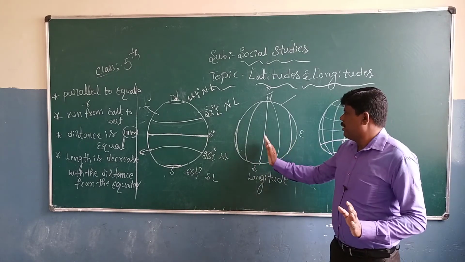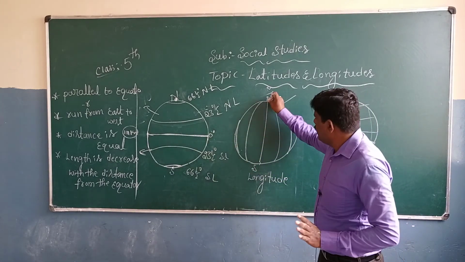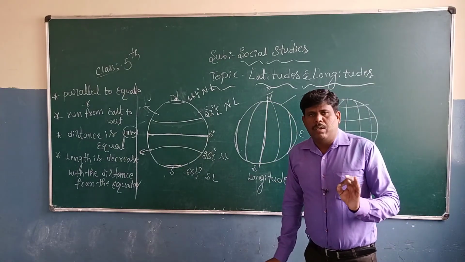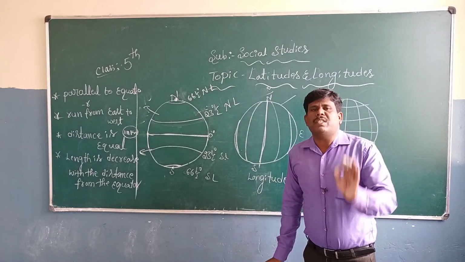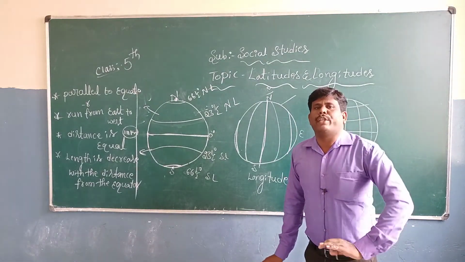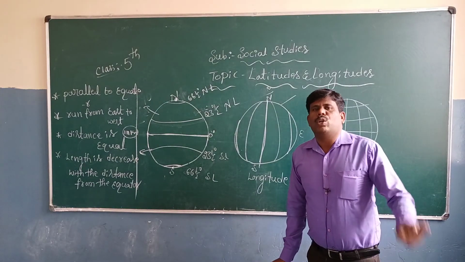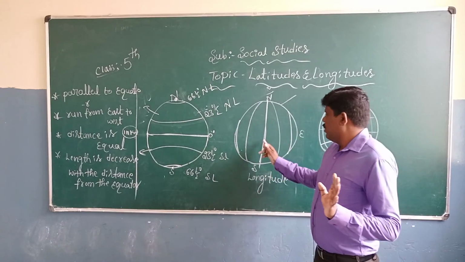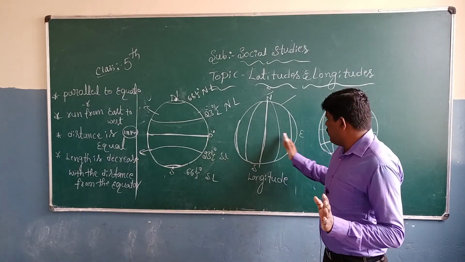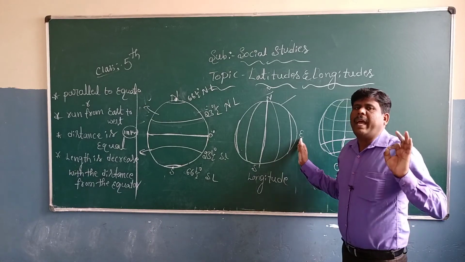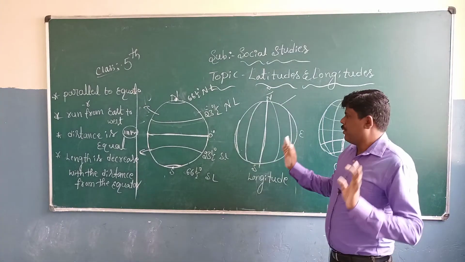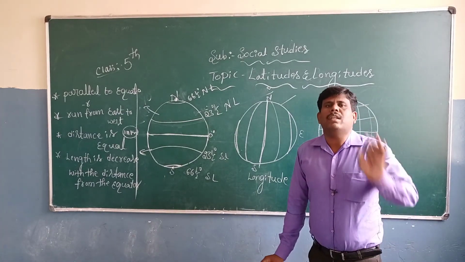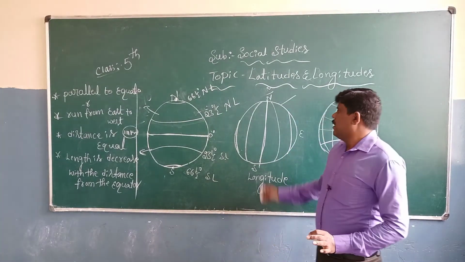The prime meridian, or first line of longitude, passes through Greenwich in London. The eastern part is called the eastern hemisphere, and the western part is the western hemisphere.